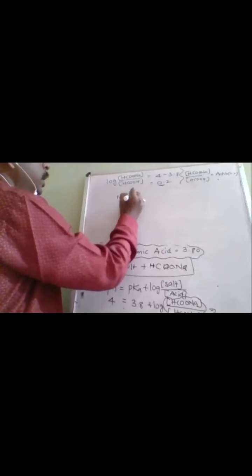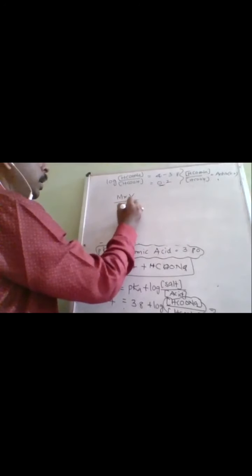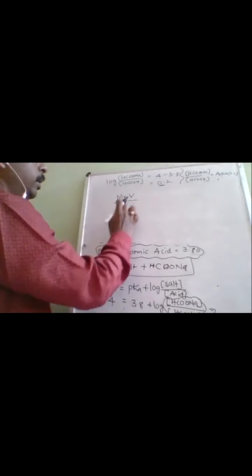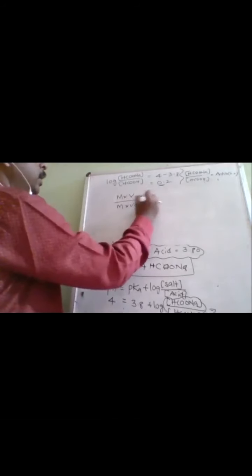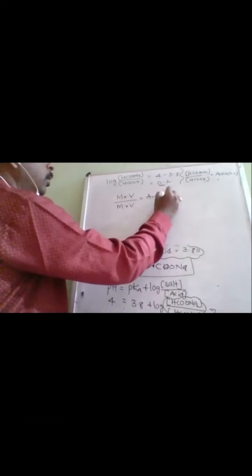Concentration means molarity into volume. Number of moles, I told you, is molarity into volume. So molarity into volume of sodium formate and formic acid is equal to the antilog of 0.2.